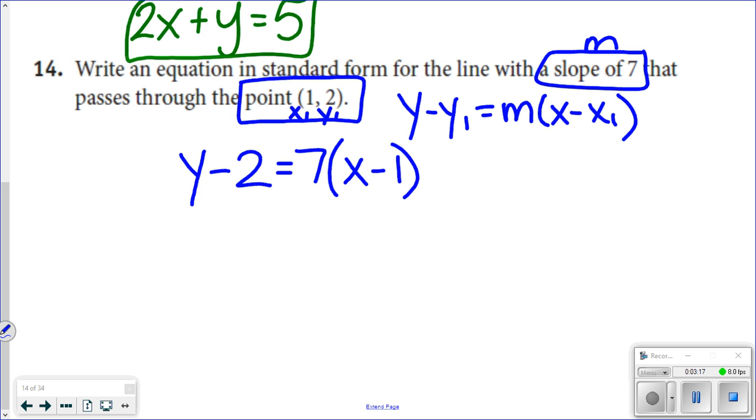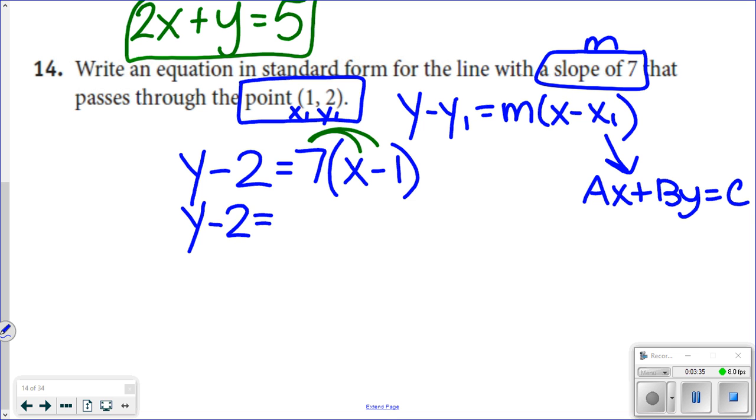And we want to convert this to standard form. So we want to distribute first in order to get rid of our parentheses. So we're going to multiply, multiply. So leave our y minus 2 alone. 7 times x is 7x. 7 times negative 1 is negative 7.